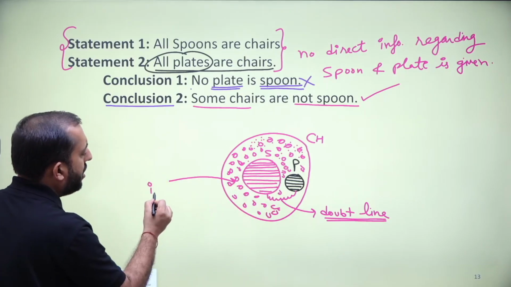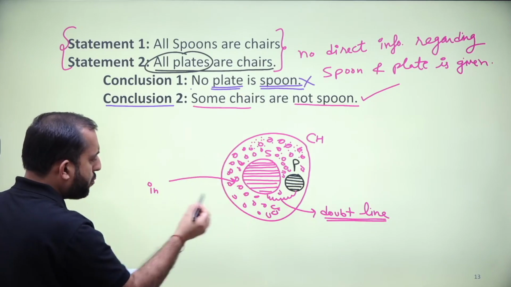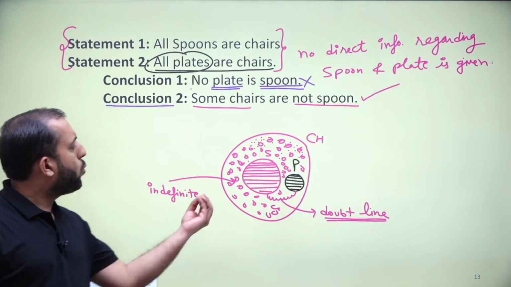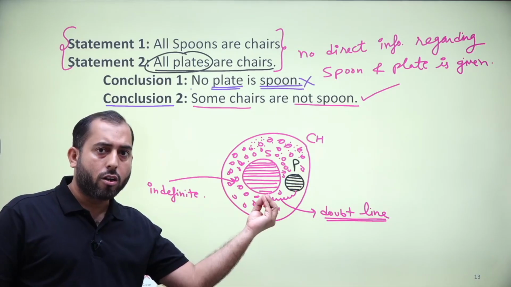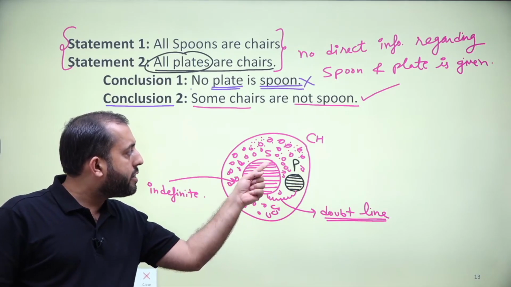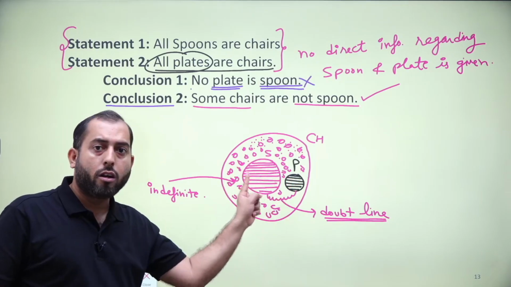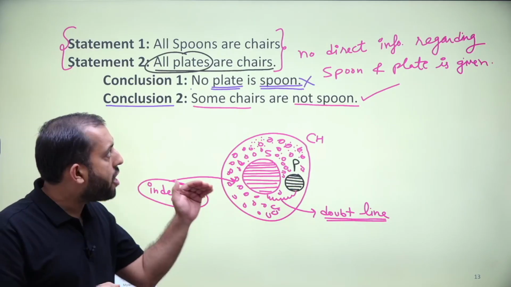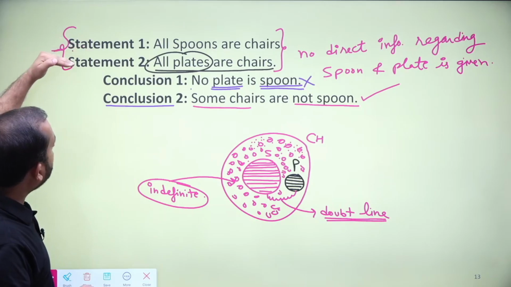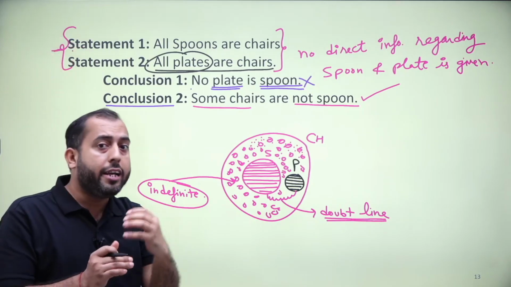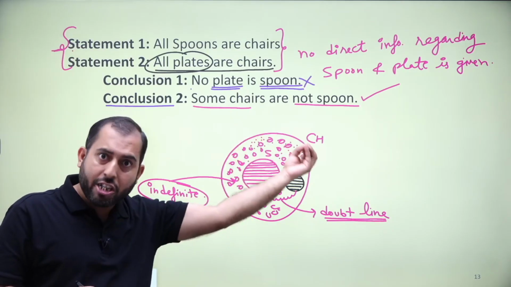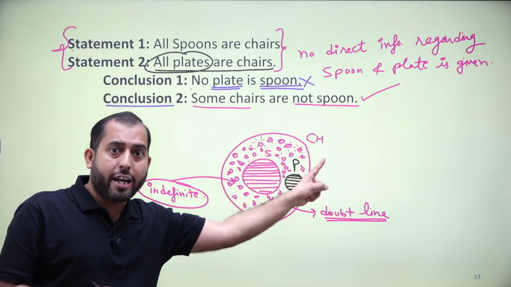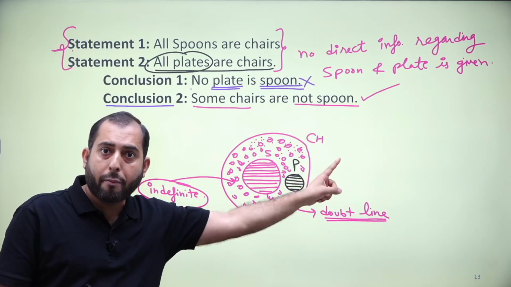But dear student, the region which is lying outside spoon is an indefinite reason, because neither in statement 1 nor in statement 2 do we have any information regarding the remaining chairs, the chairs lying outside spoon or outside plate.